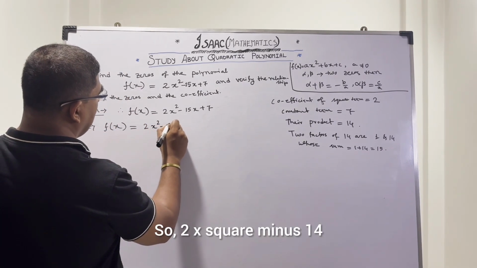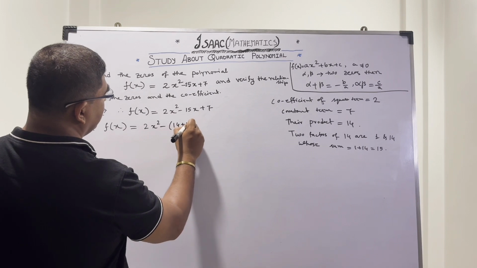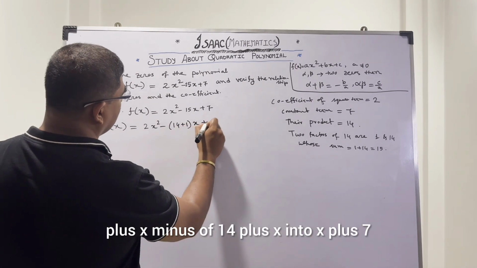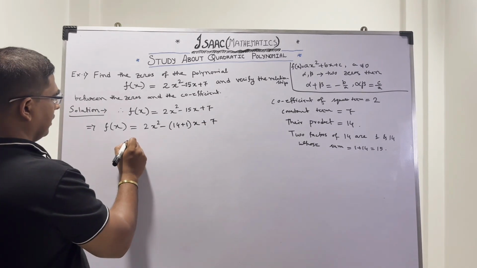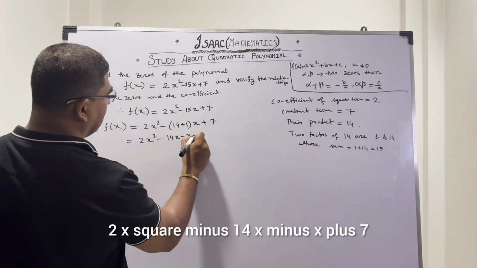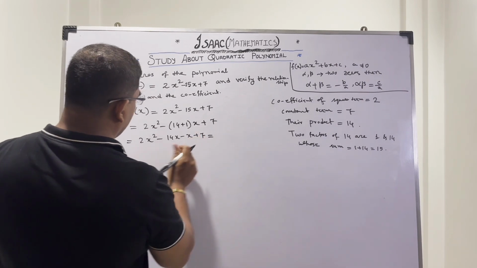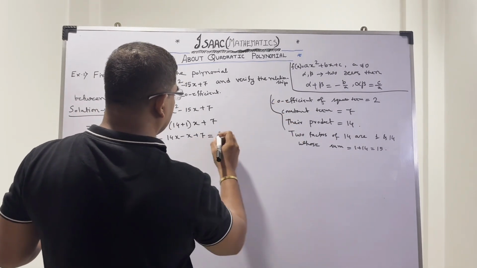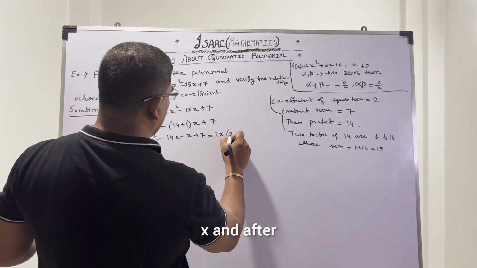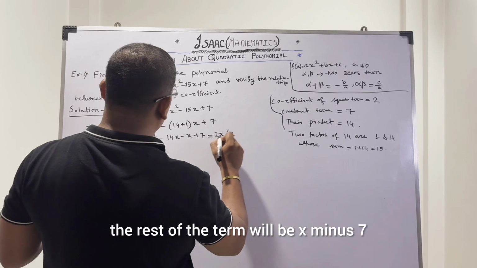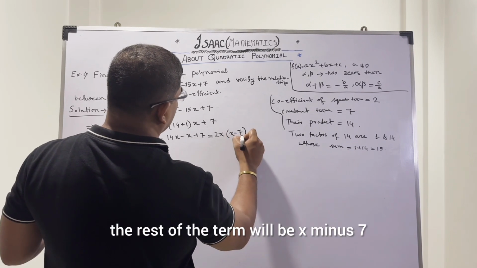So 2x square minus 14 plus x minus of 14 plus x into x plus 7. 2x square minus 14x minus x plus 7. From these first two terms, the common factor is 2x, and after taking out 2x as the common factor, the rest of the term will be x minus 7.